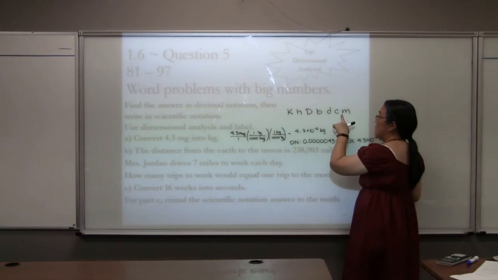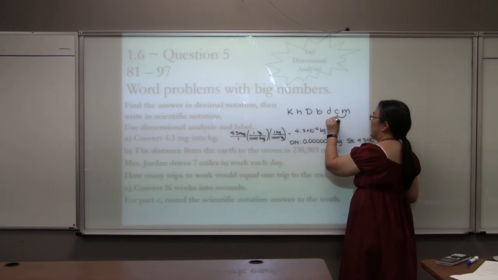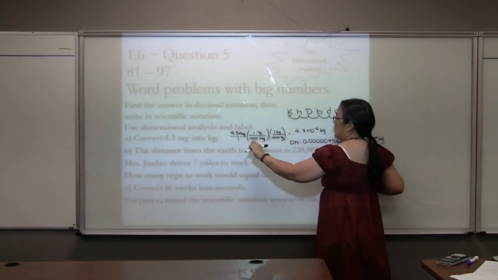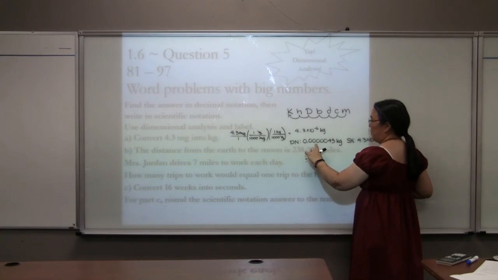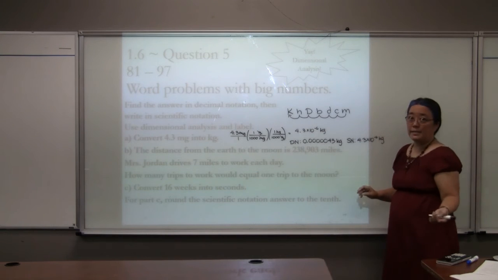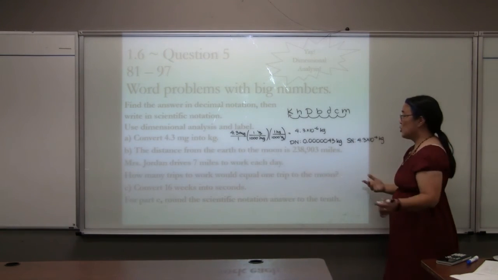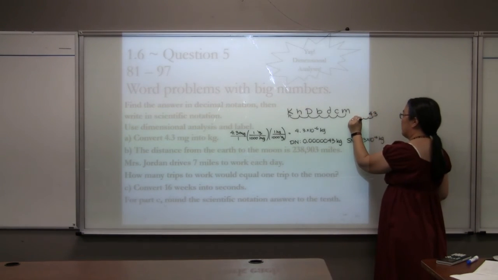So if you're going from milligrams to kilograms, you're going to count from here over 1, 2, 3, 4, 5, 6. So we're going to take the 4.3 and count 1, 2, 3, 4, 5, 6. We'll get the exact same answer. So if you do that, show me that it went 1, 2, 3, 4, 5, 6.